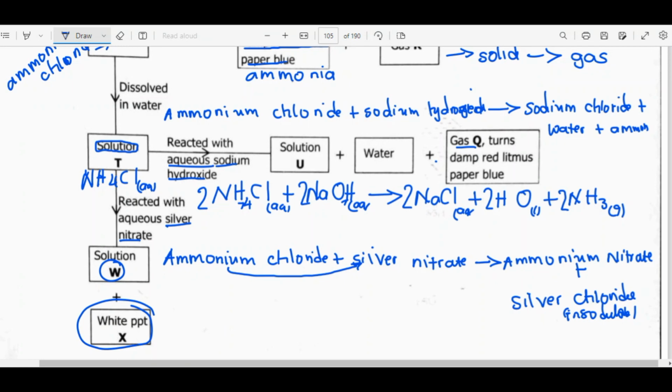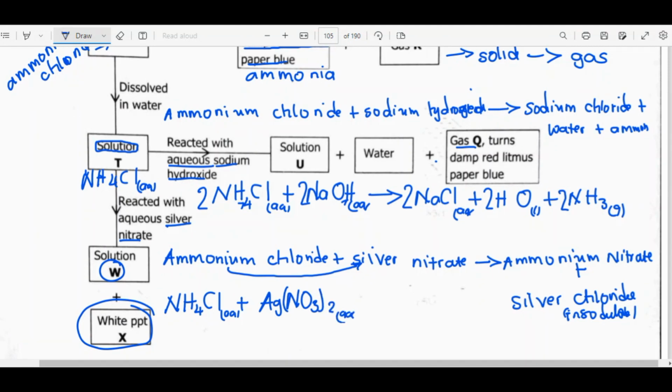Now for the chemical equation, we have NH4Cl aqueous, plus silver is Ag, then nitrate is NO3. Now silver has a valence of 2, so we need to put a 2 here.